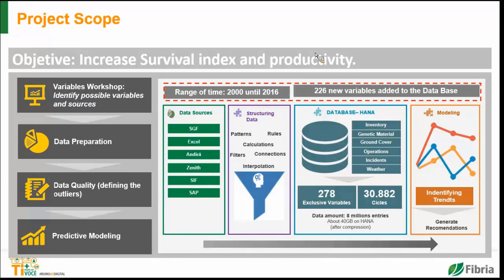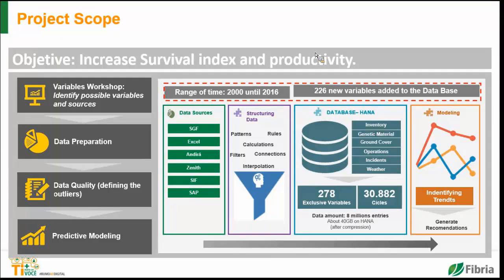So here in our project, we use the HANA database, in memory, to have more performance when we are creating the models. And we are going to talk afterwards about the good points that this brings to us.